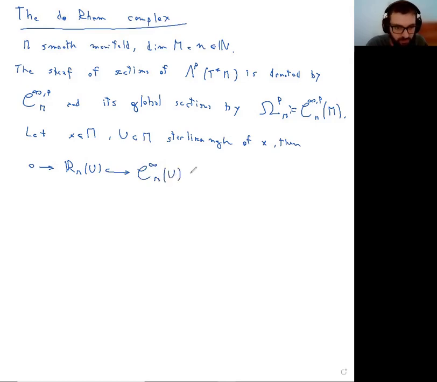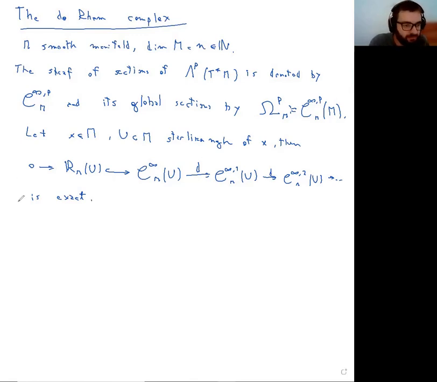And we just immerse it into smooth functions, and then here we start with the differentials. So just take the differential operator, and we know that this is exact. Why do we know that it's exact? Because U is star-like. So we have the Poincare lemma, which tells us that the cohomology of this complex is 0. Right? So the de Rham cohomology of U is 0, which means precisely that the image is the same as the kernel of the following map.